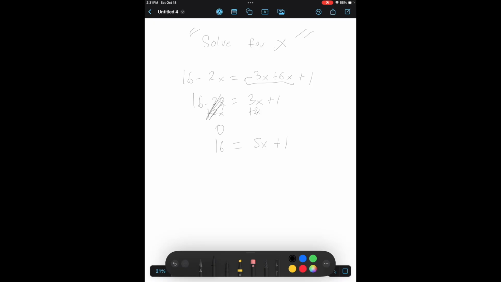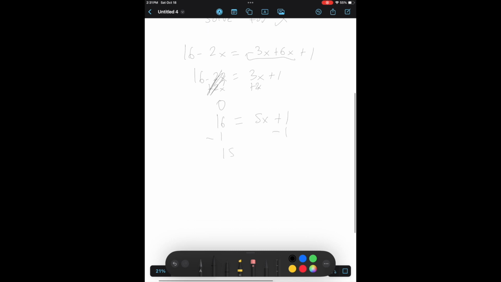Now what do we do? Well, if I want to find x, then I can subtract 1 from both sides. So now I have 15 is equal to 5x. Now you may be asking, what does this mean? Well, I'm asking what number x times 5 is equal to 15.